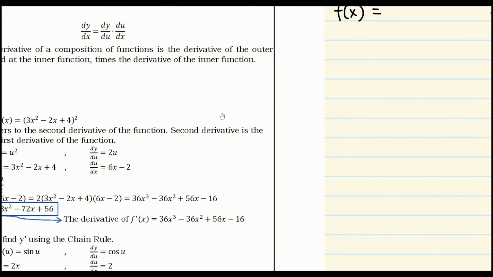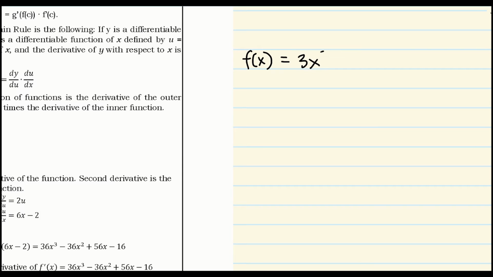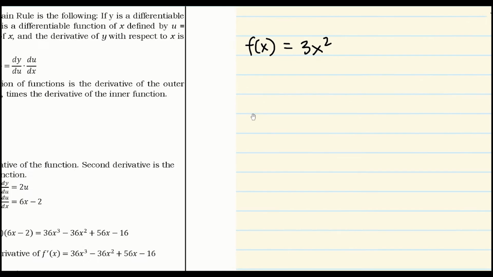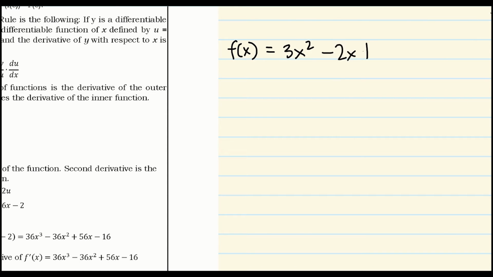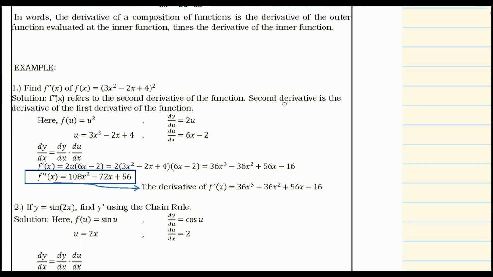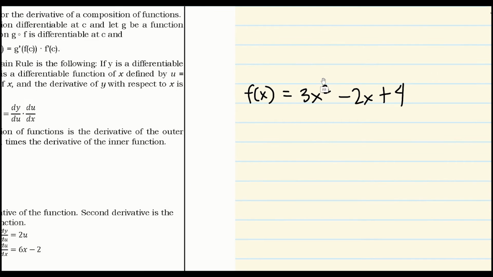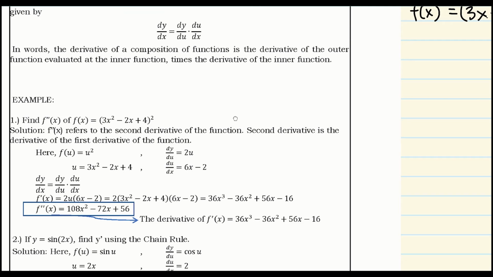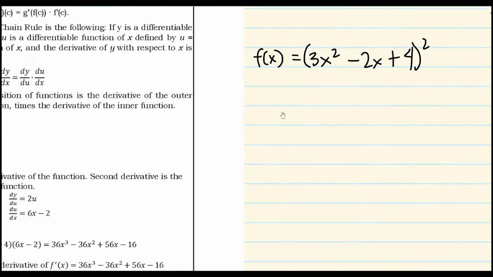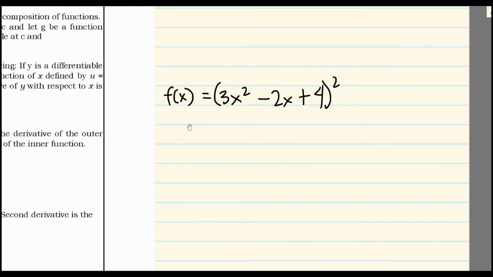Let's do the long cut, so you will have a better understanding of the topic. Minus 2x plus 4. Okay, that's our function here. We still have the square over there. Okay, so we need to solve for it.